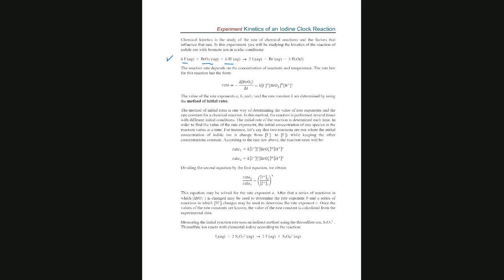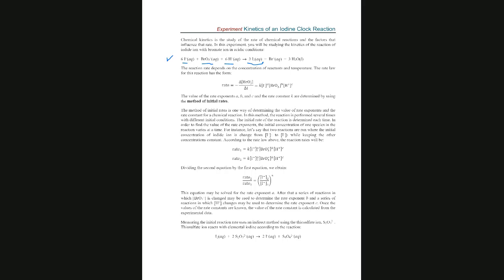We will measure the rate of this chemical reaction as the change in concentration of the reactants or products. In our case, we will use an indirect method, measuring how the concentration of iodine changes over time.